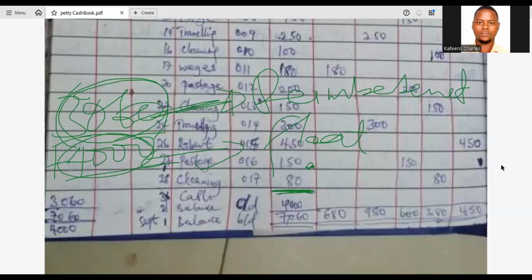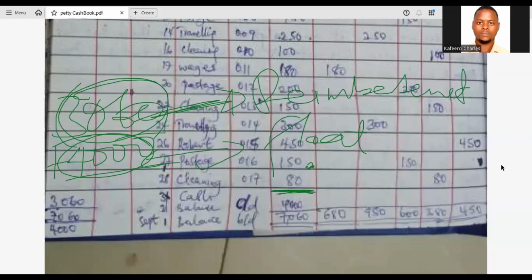Now you will find that the balance brought down will actually be on the credit side of the Petty Cashbook. So the balance brought down will be on the opposite side, meaning on the receipt side or the debit side of the Petty Cashbook.